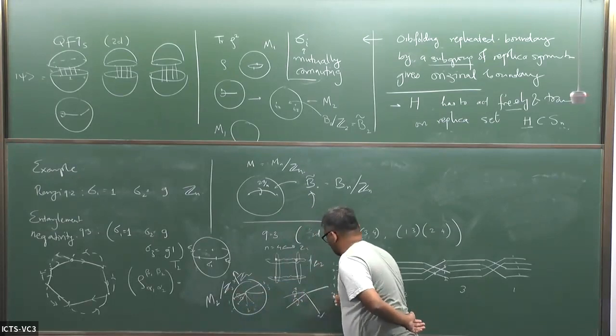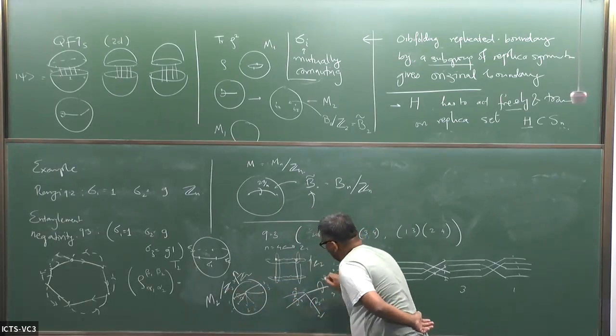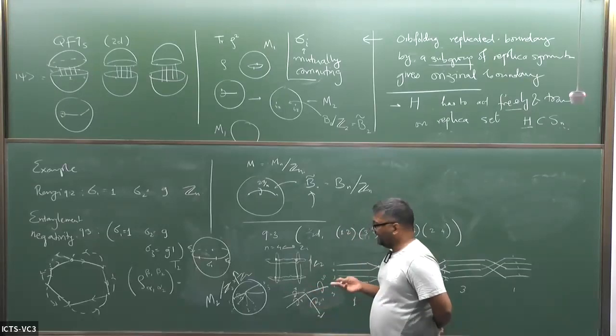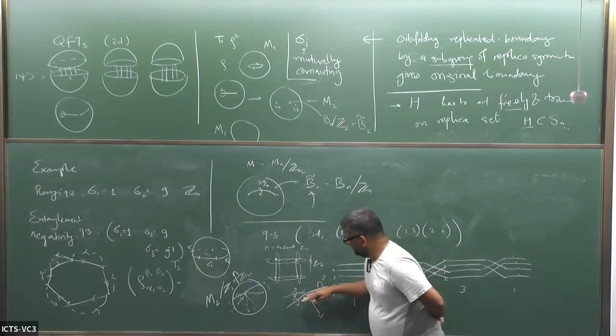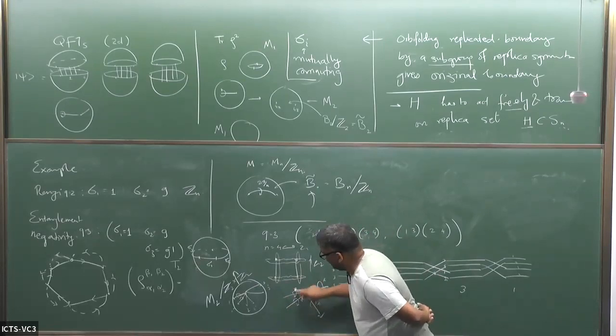I mean, 2 and 2 prime get identified, 3 and 3 prime get identified, but the conical angle around them is just 2 pi. Here also it's 2 pi. But now when you orbifold by the second Z2, that Z2 used to fix this one, and it acted transitively here. So that makes these two conical angles pi, and it identifies these guys.